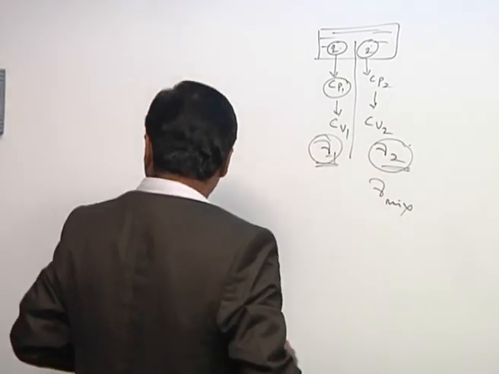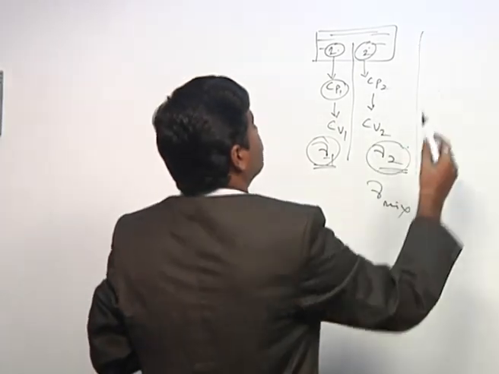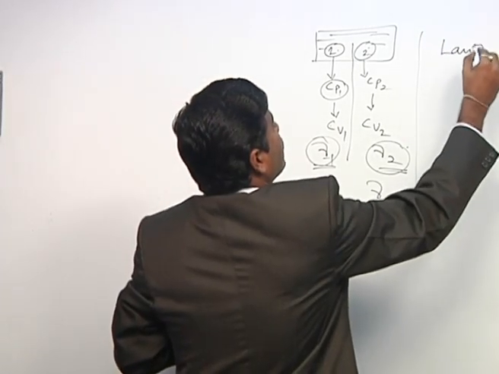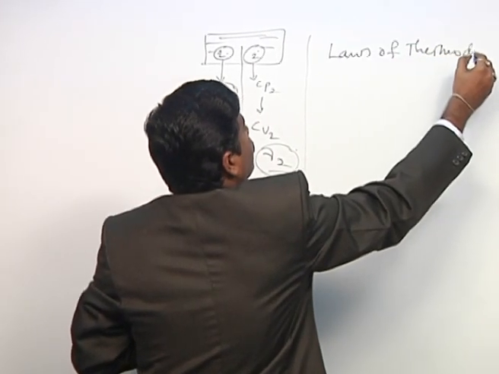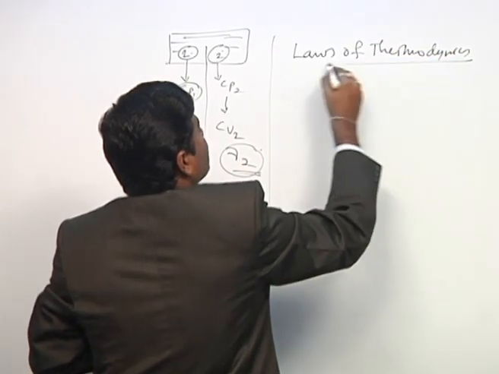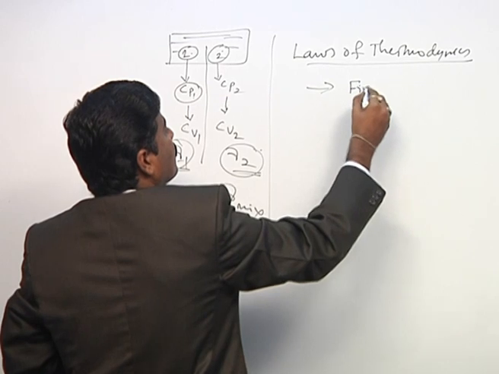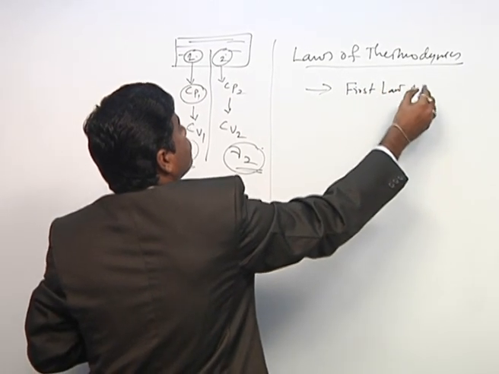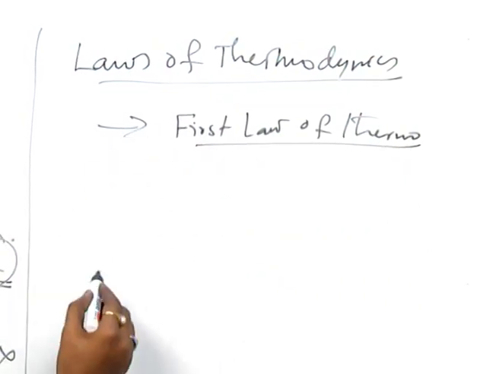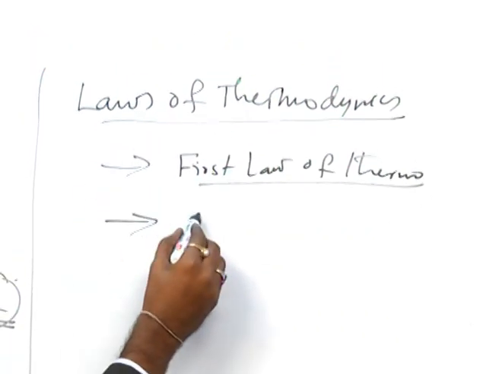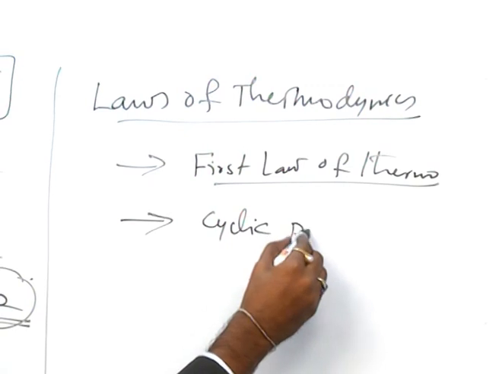So tomorrow again we will focus on the laws of thermodynamics. New syllabus: first we are starting with the first law of thermodynamics, then application of the first law of thermodynamics, and next is the cyclic process.